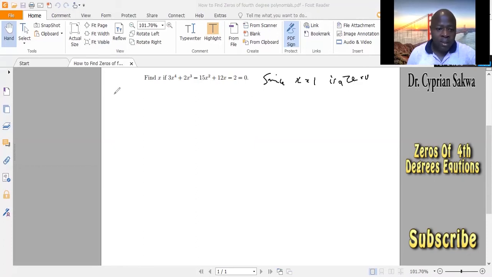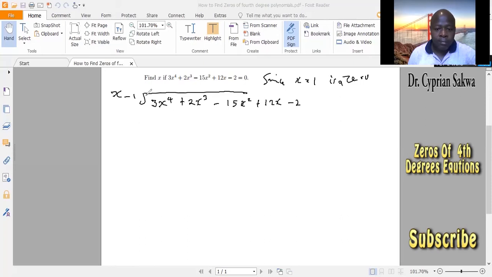we now take that x, bringing 1 to the other side would be negative 1, and divide into 3x raised to 4 plus 2x cubed minus 15x squared plus 12x minus 2.